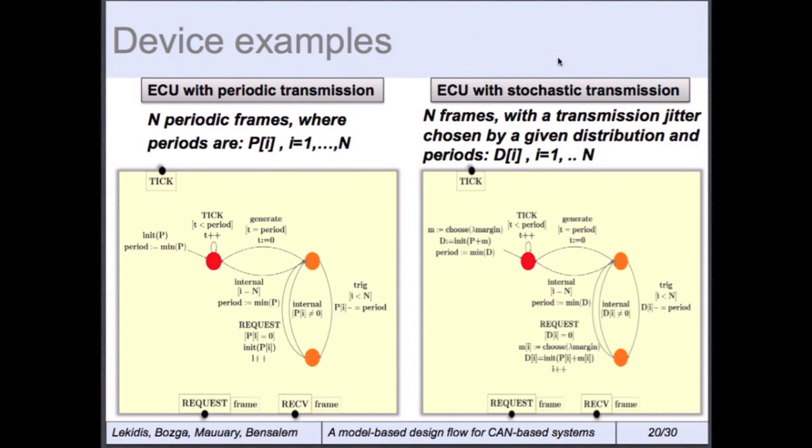On the other hand, we can see here a more stochastic ECU, which implements a transmission jitter, which is added to the period. It's based on a particular distribution that is given as an input.